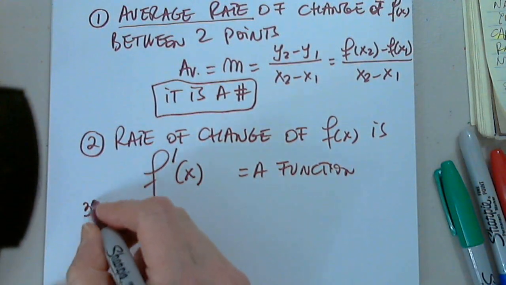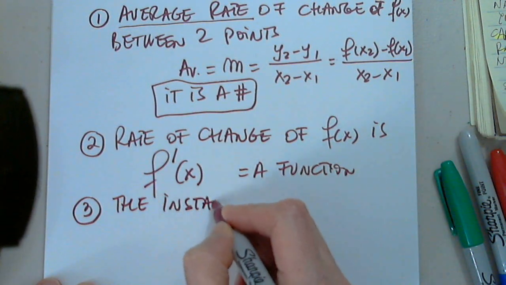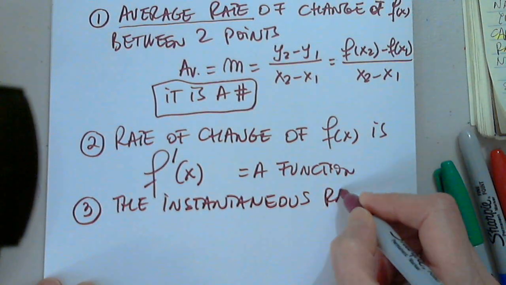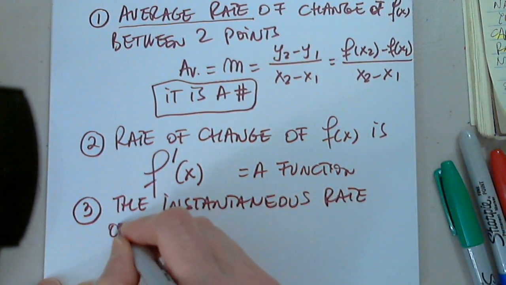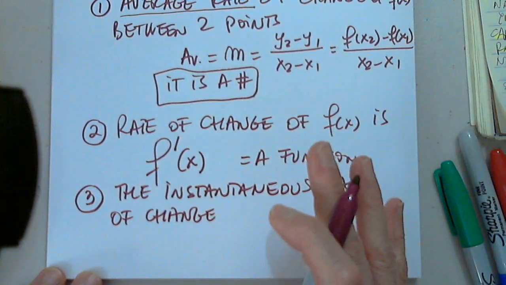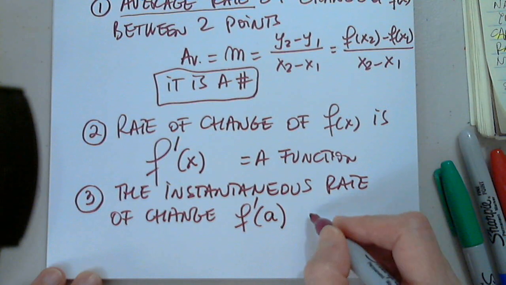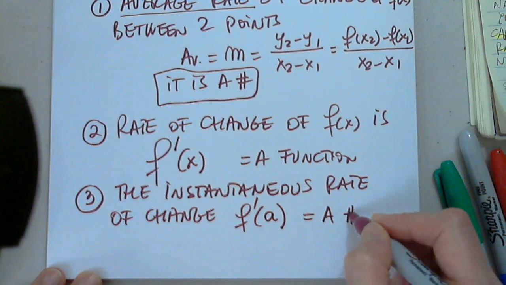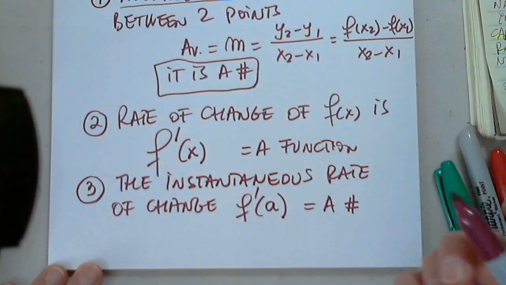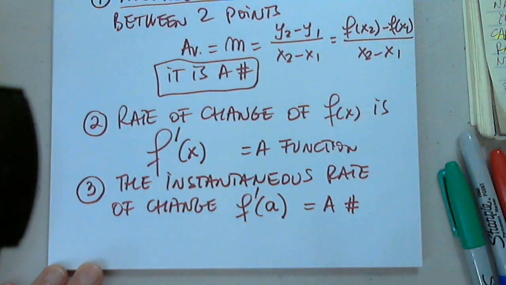Number 3, the instantaneous rate of change. Normally, it's asking us to find f prime of a number, and this is a number with 2 measurement units, one for the y value variable and one for the x variable.